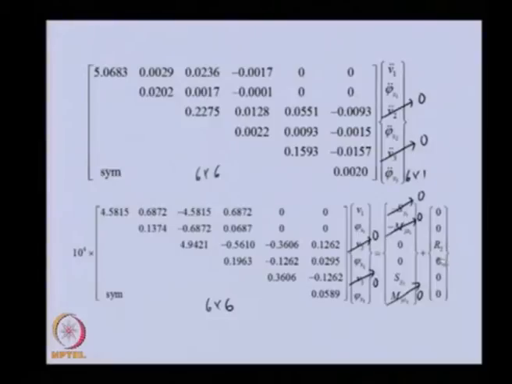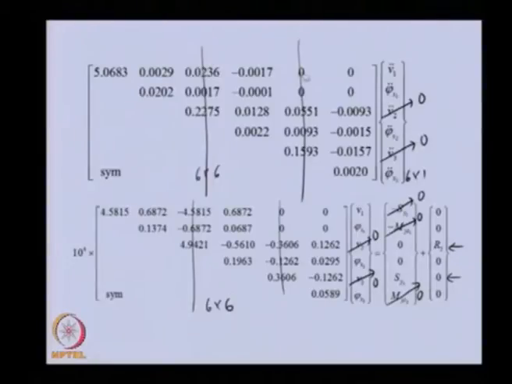Basically we will be removing the third equation and the fifth equation, and the remaining equations we will keep. So the third row and fifth row will be eliminated from both the mass and stiffness matrix.